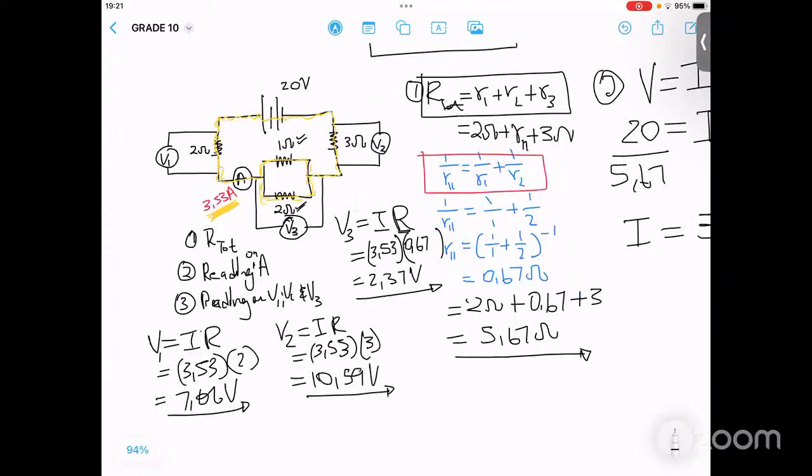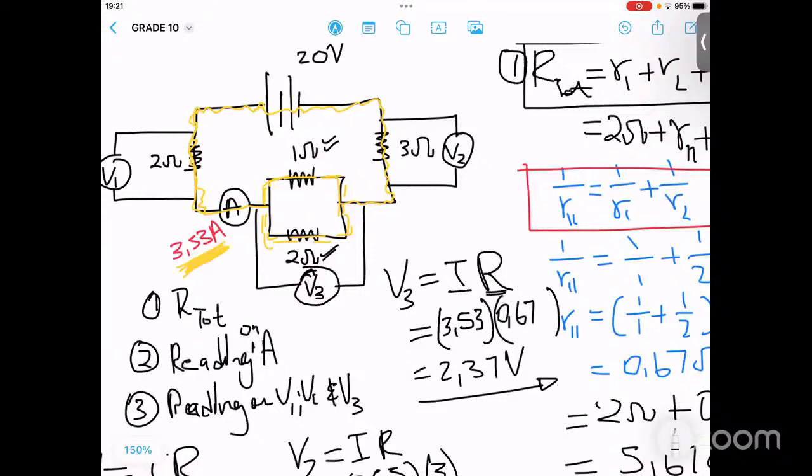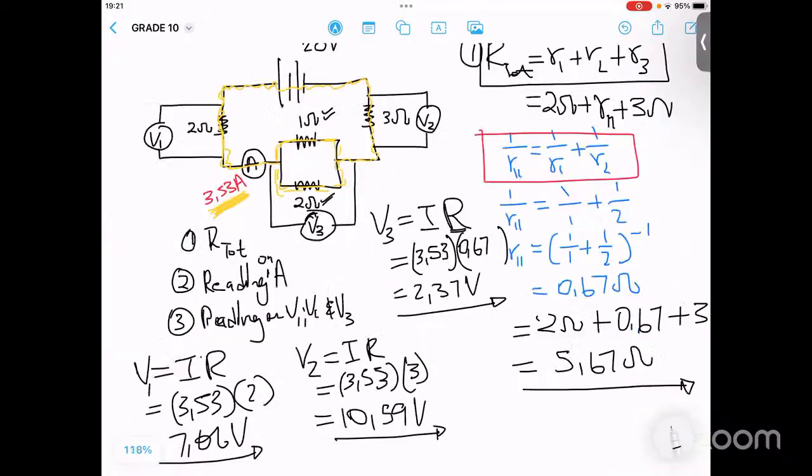Let me then show you something. We just calculated V3, isn't it? We just calculated V3 and we said V3 is 2.37, not amperes, but volts. I want to show you guys something.